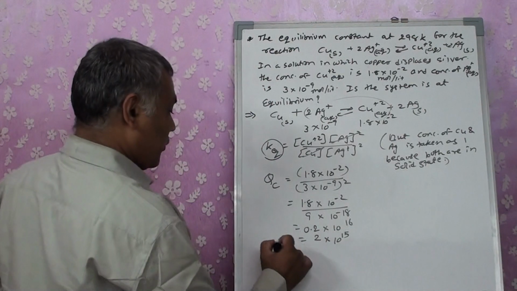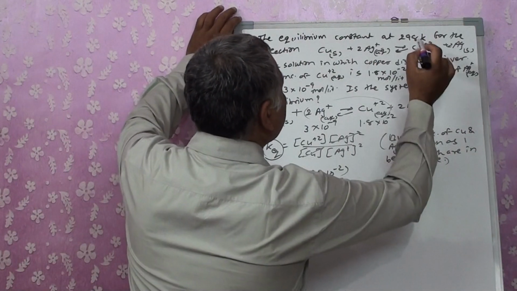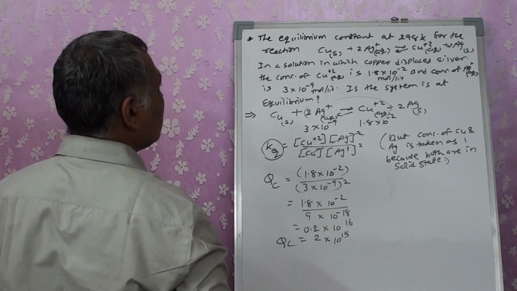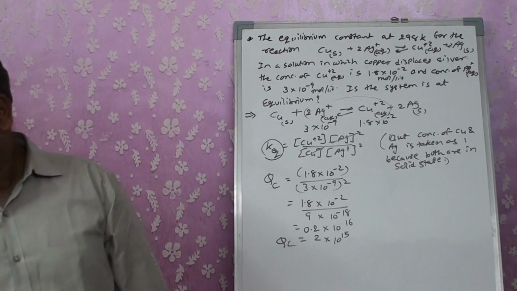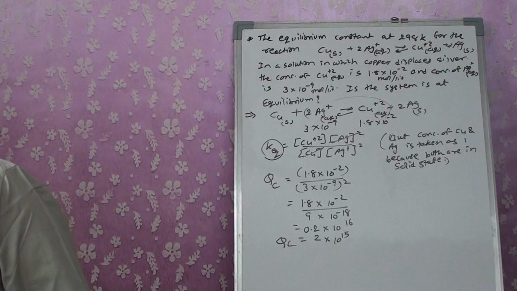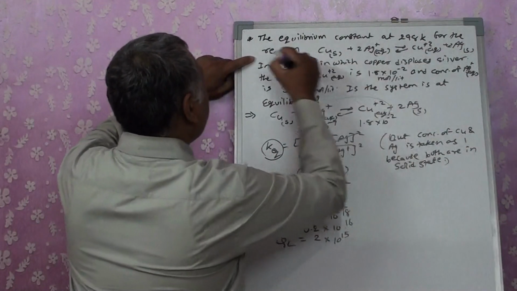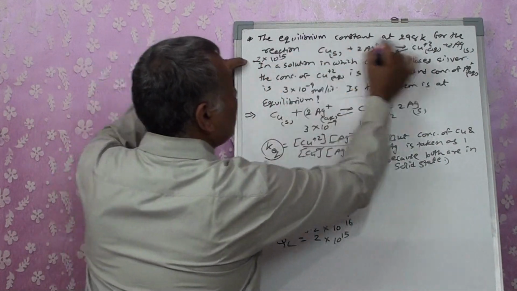This is Qc, and Kc is given to me. The value of Kc was given to me, but I just missed writing it. It is given to us as 2 into 10 raised to 15, the equilibrium constant.